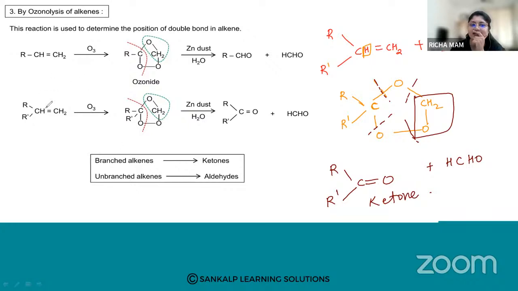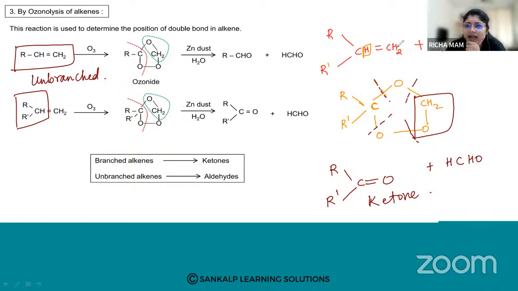Whenever there is a branched alkene, so this is a branched alkene, we'll get a ketone. Whenever you have an unbranched alkene, we are going to get an aldehyde. So depending upon the alkene you take, we are going to yield aldehyde or ketone. First add an ozone molecule across the double bond, and we get ozonide.